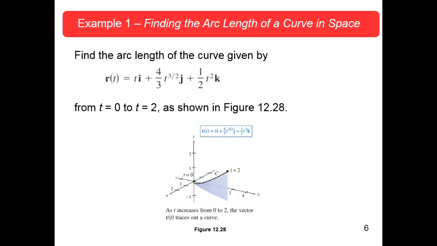In the i direction, the x-axis, it's coming out in a linear sense. In the j direction, the y direction, it's going in a t to the 3/2 sense, and then multiplied by 4/3, which stretches it a little bit that way too.